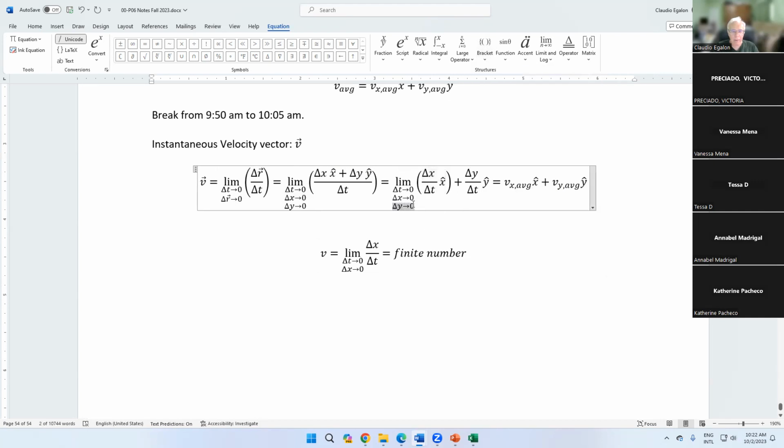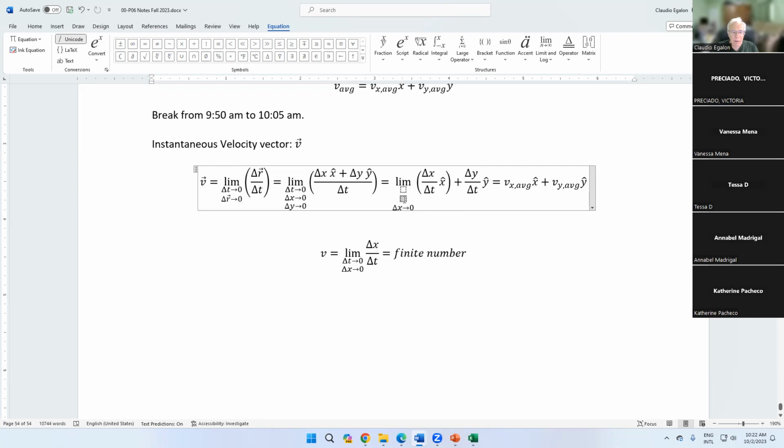And now we do not need the delta y anymore for the first term. Sometimes it can get a little bit tricky to handle this software.